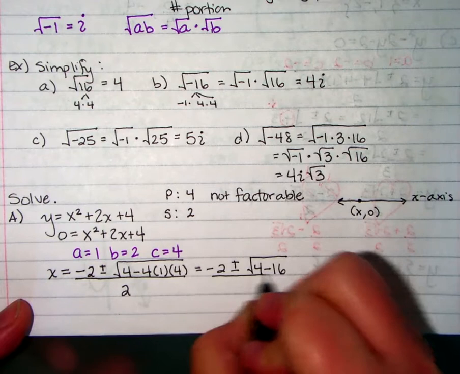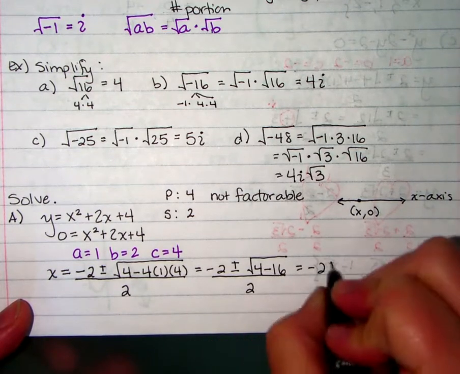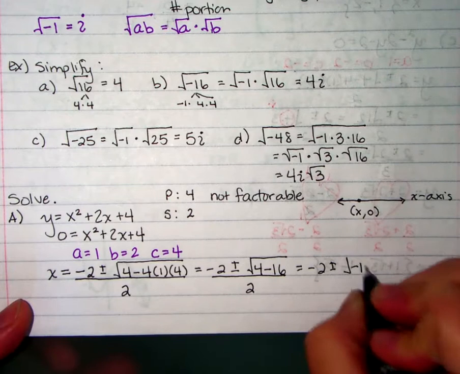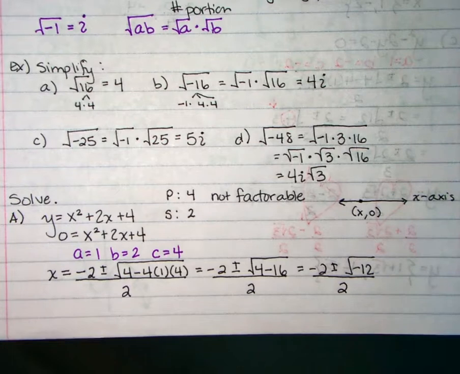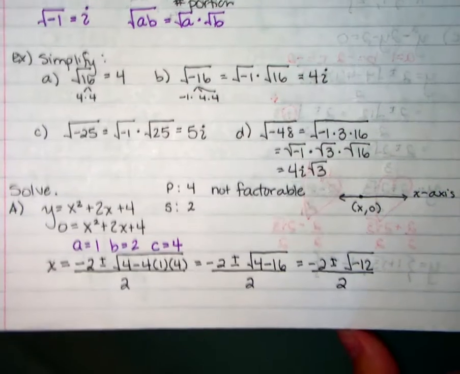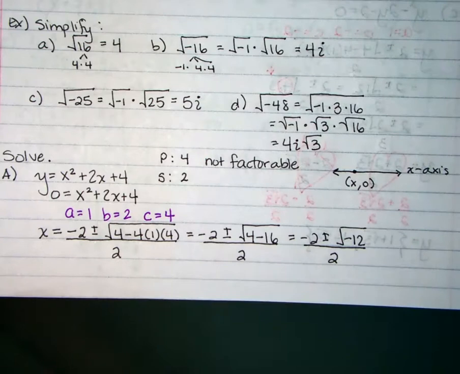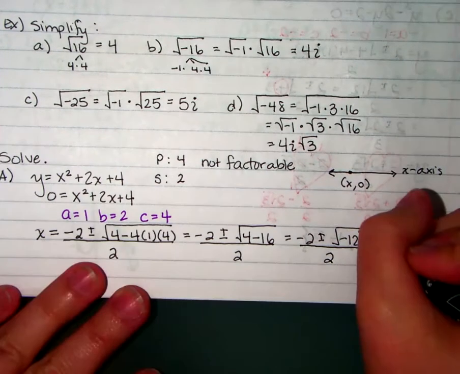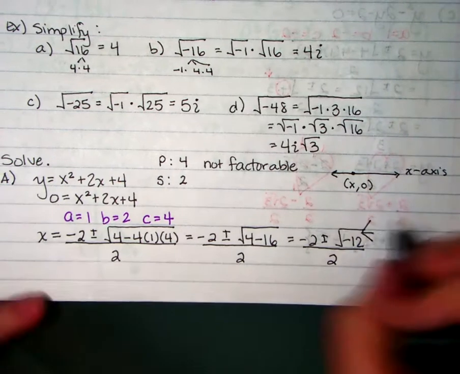Now this is where I need to simplify this radical down. So the square root of negative 12 is the same as negative 1 times 4 times 3. Since I'm running out of space, I'm going to simplify how I break down negative root 12, just like I did in previous examples like negative root 48, negative root 25.